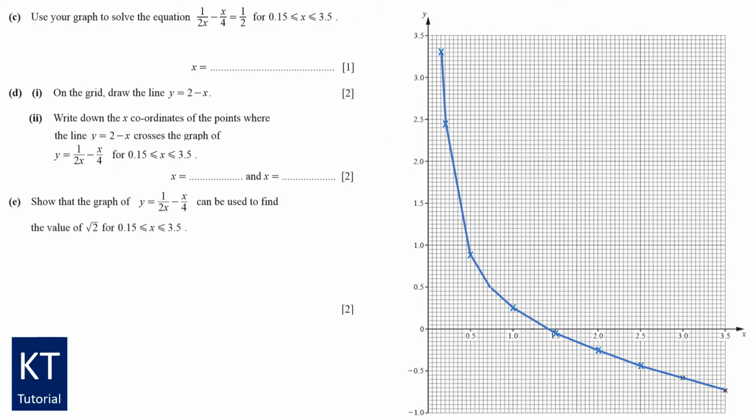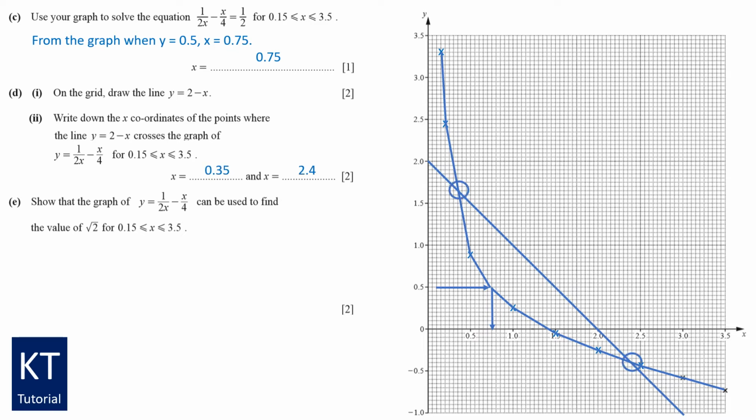Question 5c. Use your graph to solve the stated equation. With reference to the graph, when y is 0.5, the corresponding x is 0.75. Next, on the grid, draw the line y equals 2 minus x. This is the added line on the graph. Next, write down the x-coordinates of the points where the line of the first equation crosses that of the second.